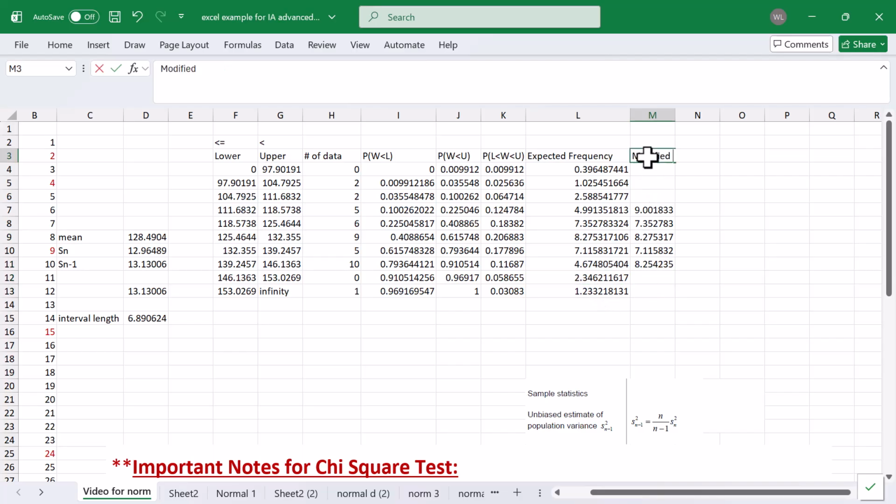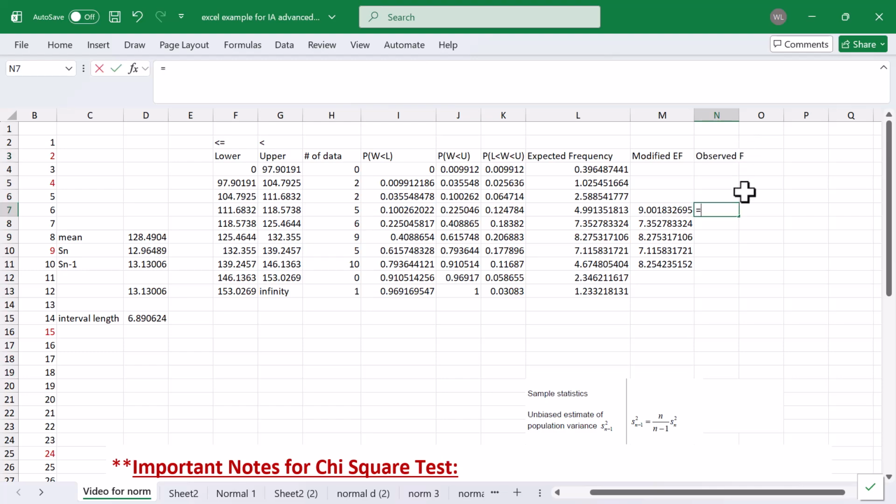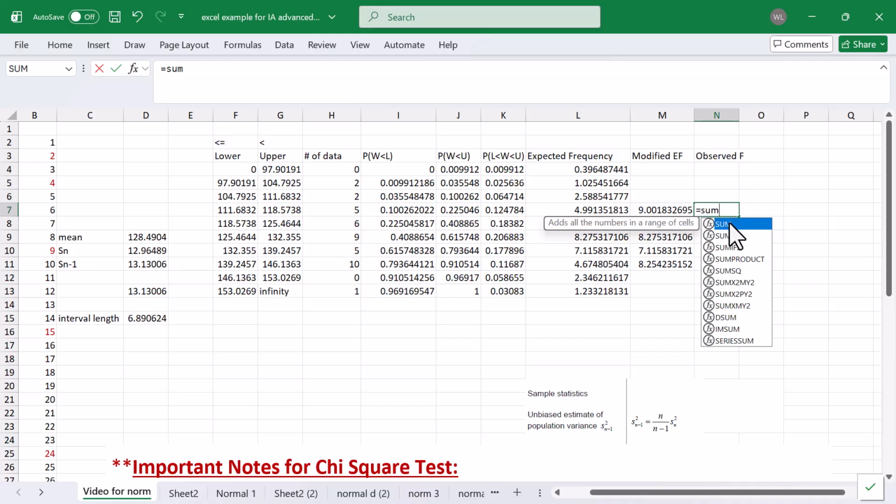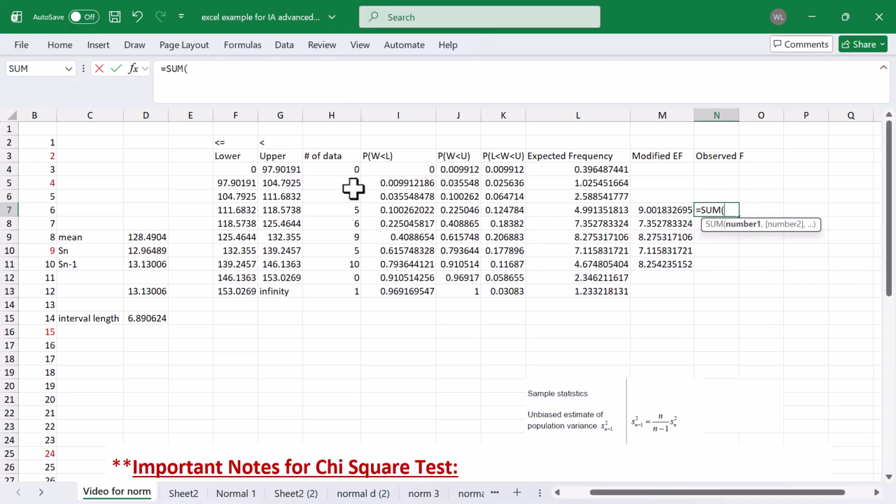This will be modified expected frequency. For this observed frequency, we need to combine the groups. Also, put equal sign, put sum. I will add this 4 number together.